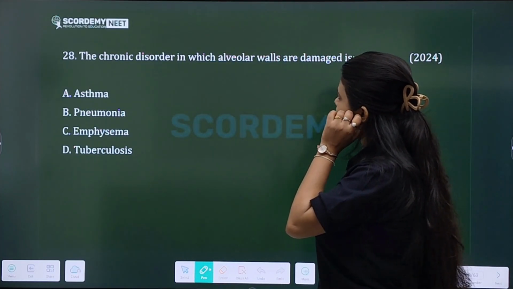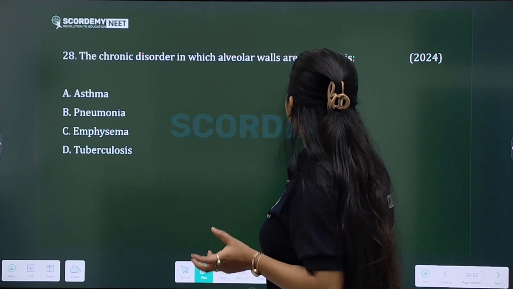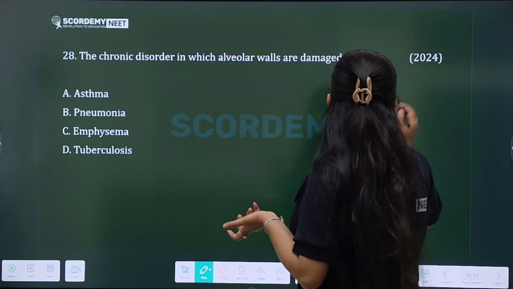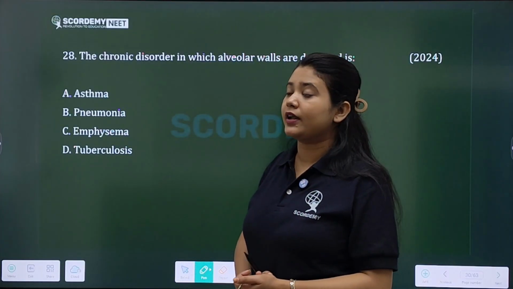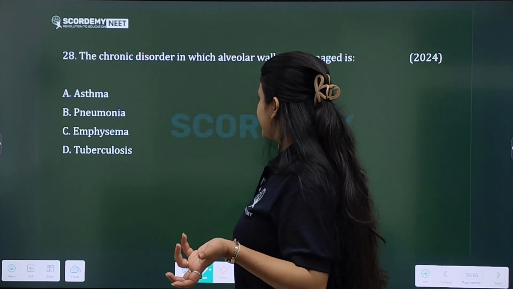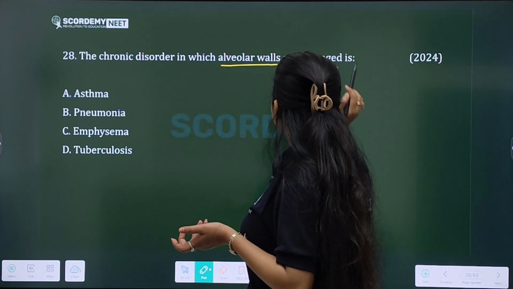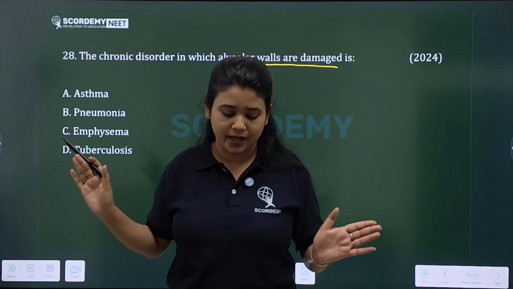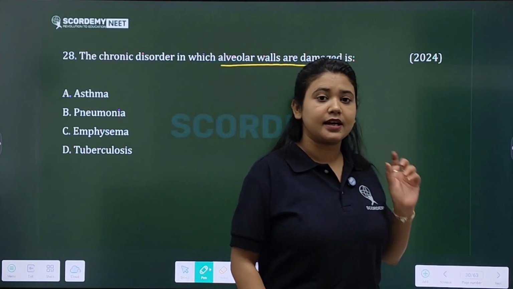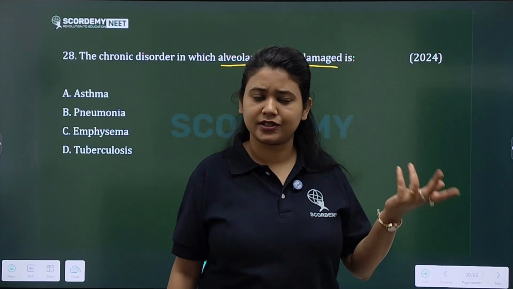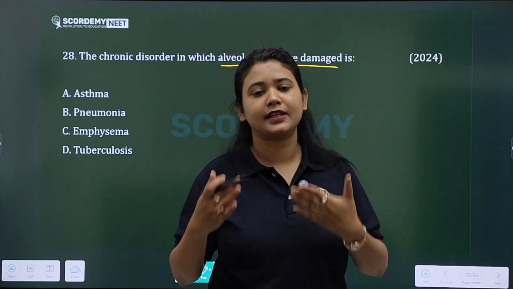Then next question: the chronic disorder in which alveolar walls are damaged, NEET 2024 question. It is a disorder, in which your alveolar walls are damaged, isn't it? So we know that alveoli are the site of your exchange of gases, and why are they able to facilitate the exchange of gases?